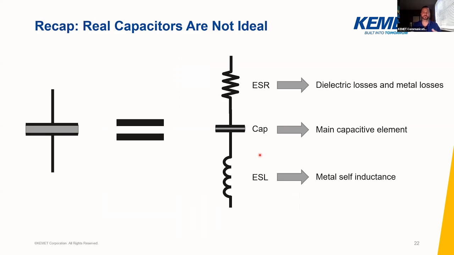They have their main capacitive element, of course, and then they have what's known as the equivalent series inductance, or ESL, which comes from the self-inductance of the metal components made to build the capacitor. So the electrode plates and a large portion of it comes from the terminations, the termination materials, the leads, the things that you use to connect the capacitor to the outside world.